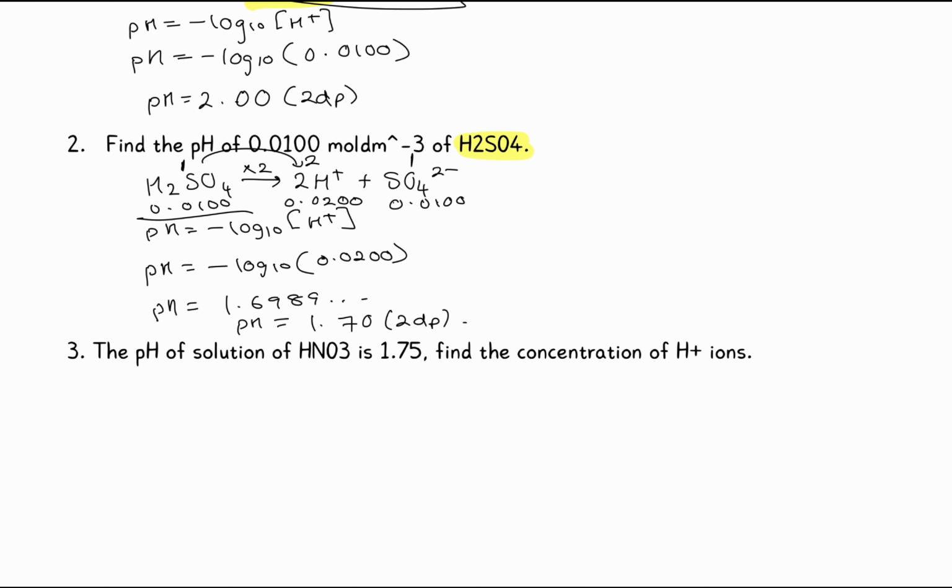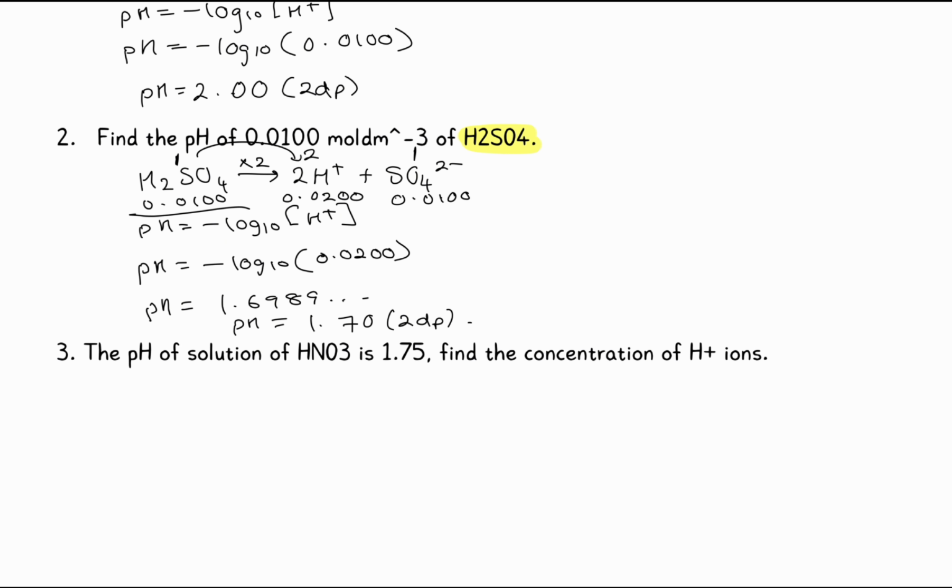Perfect. Now the pH of a solution of HNO3 is 1.75. This time we need to find the concentration of hydrogen ions. So remembering that the inverse function is 10 to the minus pH, and that's my concentration of hydrogen ions. If my pH is 1.75, I just put that 1.75 in the top right corner, and that will give me my concentration of hydrogen ions.